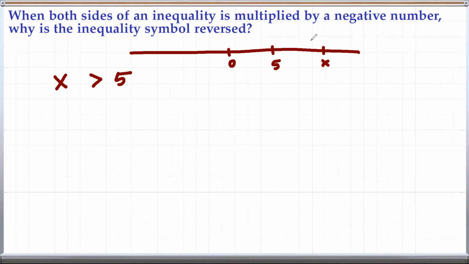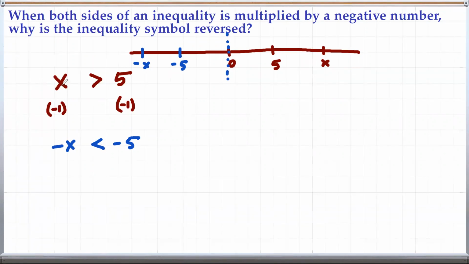Then if you multiply both x and 5 by -1 on the number line, this 5 becomes -5, which will be over here, and this x becomes -x, which will be over here. So there's a reflection about 0, about the origin. From here, we see that -x is less than -5 because -x is to the left of -5. Anything to the left of -5 would be less than -5.